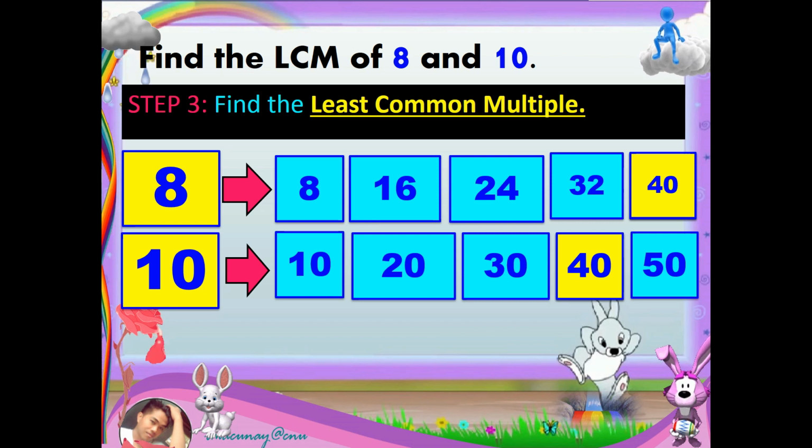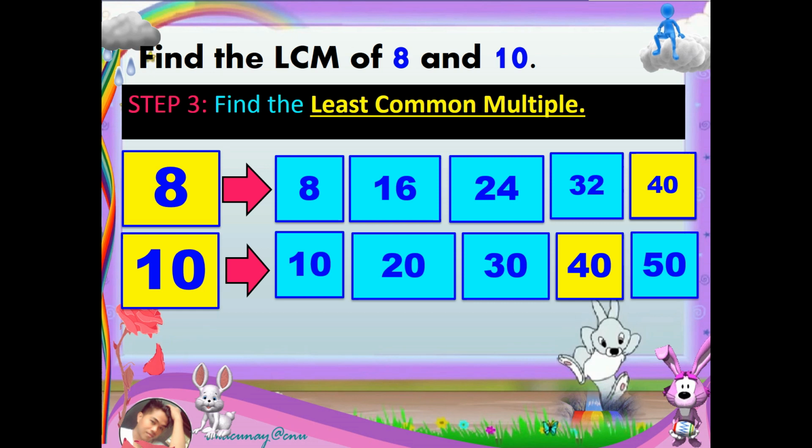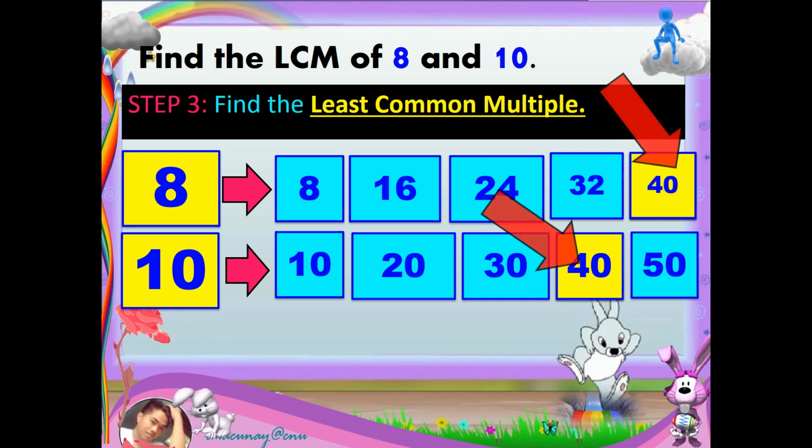So there's no need for you to go any further. You can stop listing the multiples once you find the first common multiple of both numbers, because that is considered your LCM automatically. So therefore, our LCM is 40.